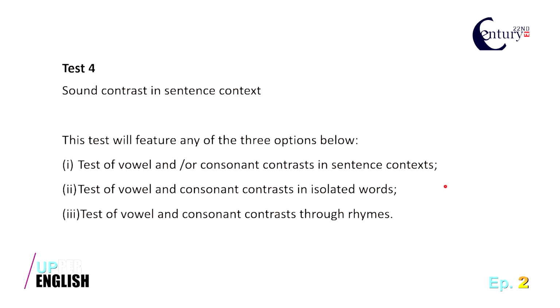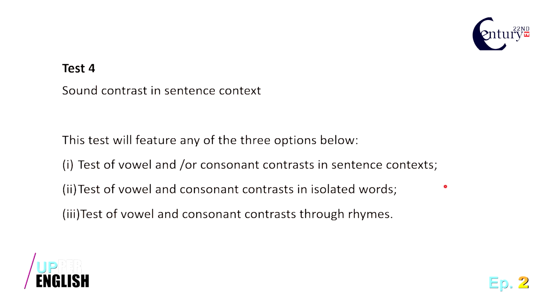You have three options, and each option is a sentence. You have to be able to tell which sentence the man or the woman has read. The idea is to test your understanding about vowels and consonants, this time in sentence context.